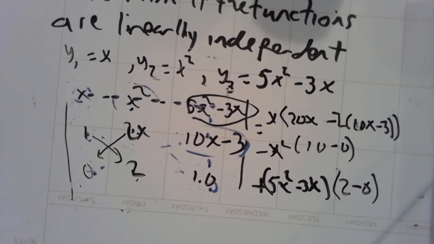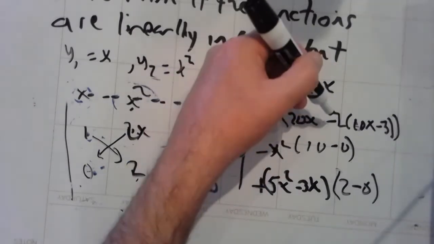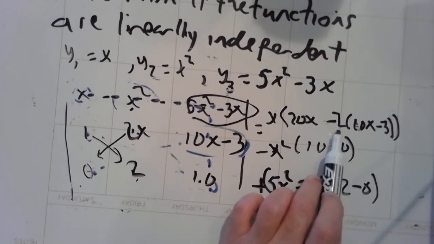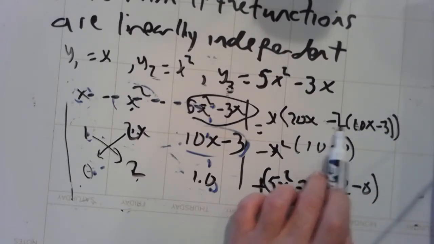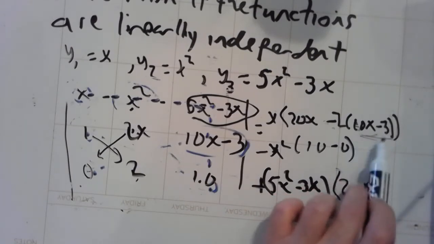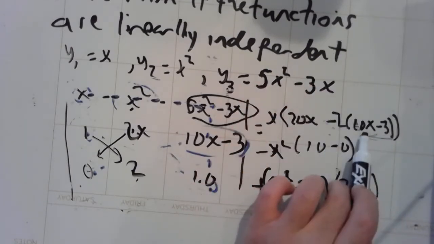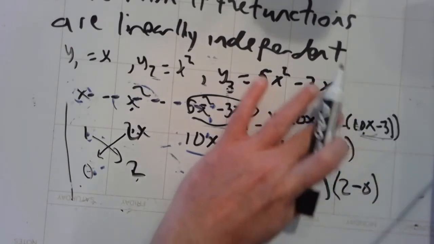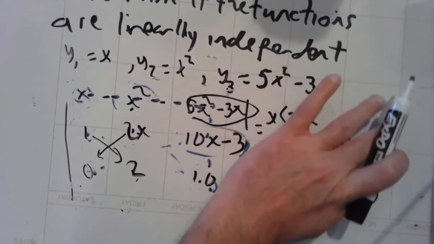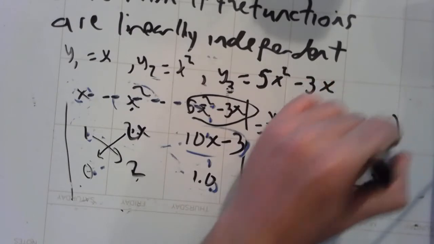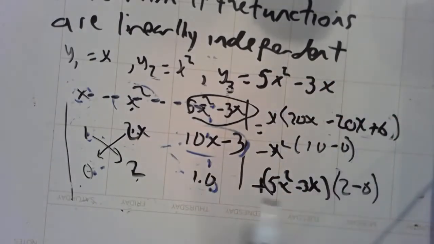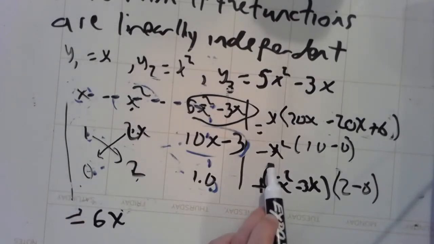Okay, let's go ahead and clean this up a little bit. So let's distribute here. Negative 2x distributing here will give me a negative 20x plus 6. And then that 20x and negative 20x cancel out. So I just get 6x.